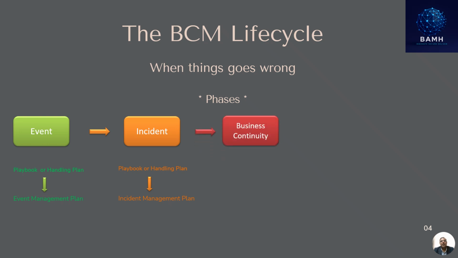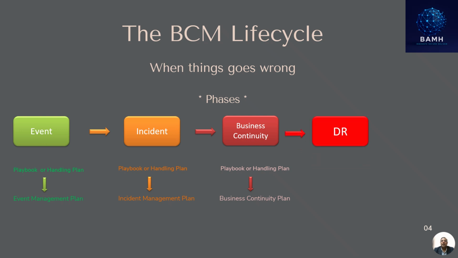Then comes business continuity, a documented strategy to ensure critical business functions continue during and after a disruption. The end product is our business continuity plan, also referred to as BCP, a ready-to-use playbook for business continuity operations.